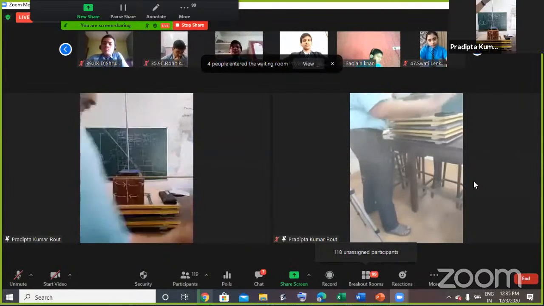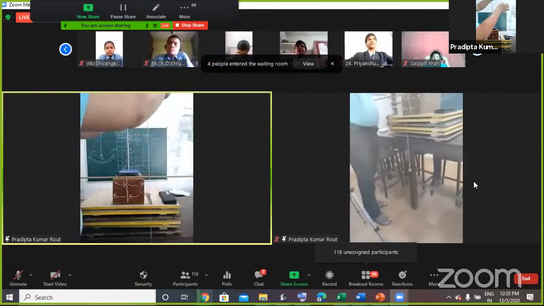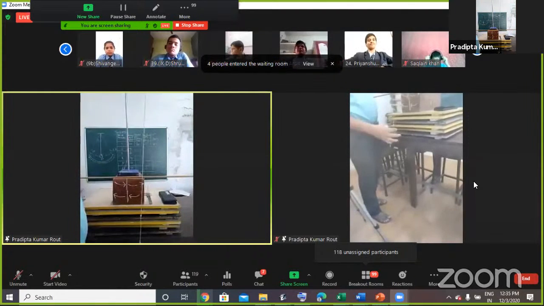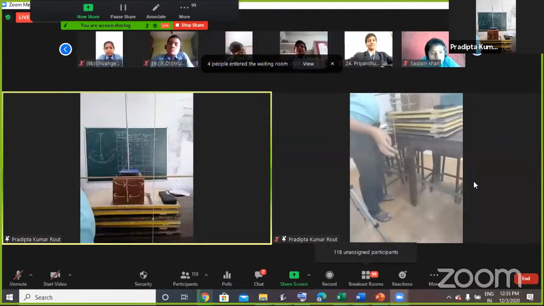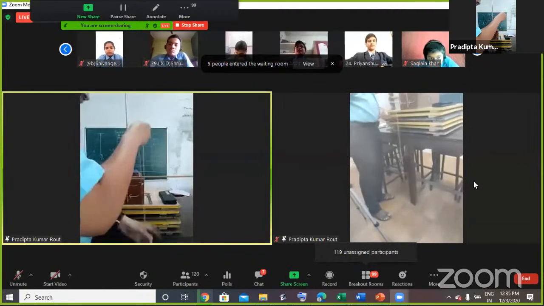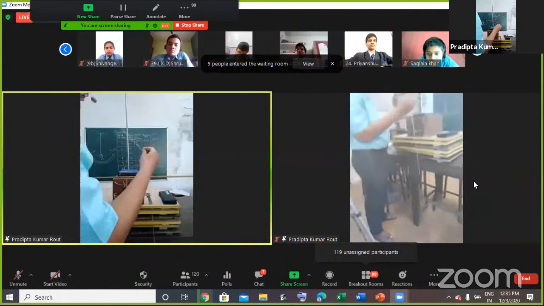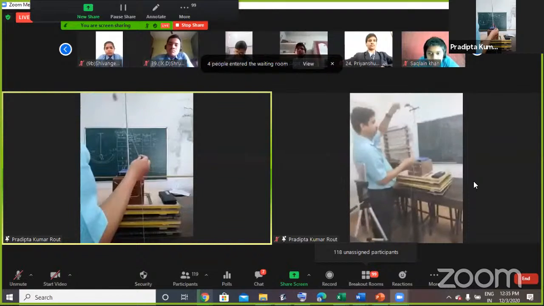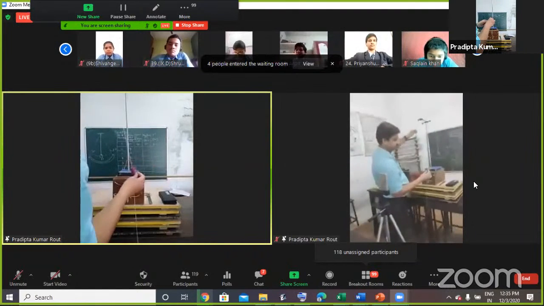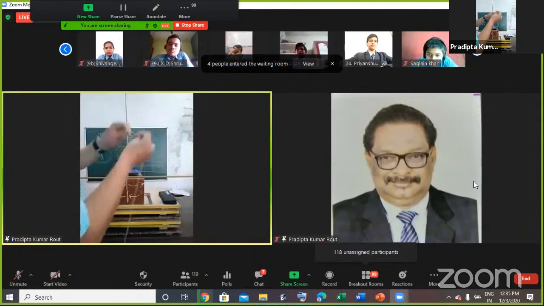So children, this length of the thread which you see is 88 centimeter, rest 2 centimeter. So total comes out to be 90. So let me fix it there now. So this is now 90 centimeter effective length.